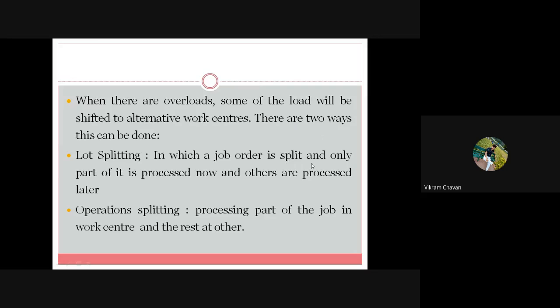In which the job order is split and only part of it is processed now and the other part is processed later. So this is one option available. Another one is operation splitting: processing part of the job in one work center and the rest at another workstation.